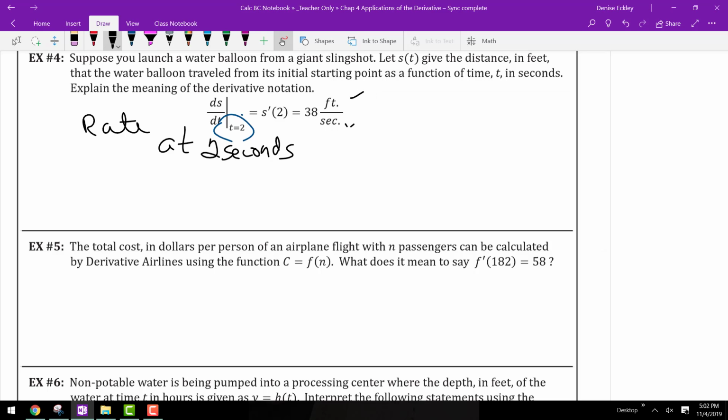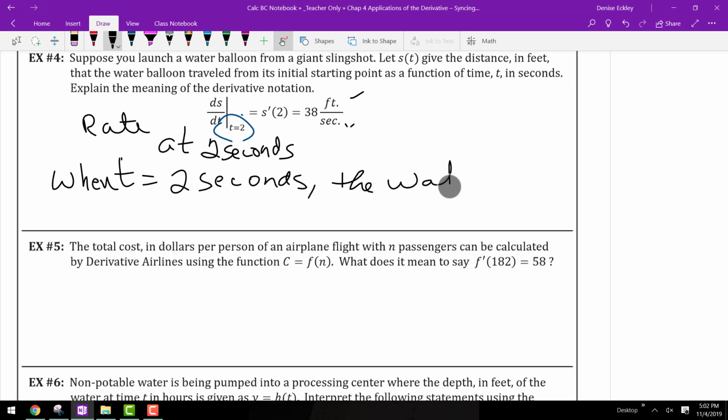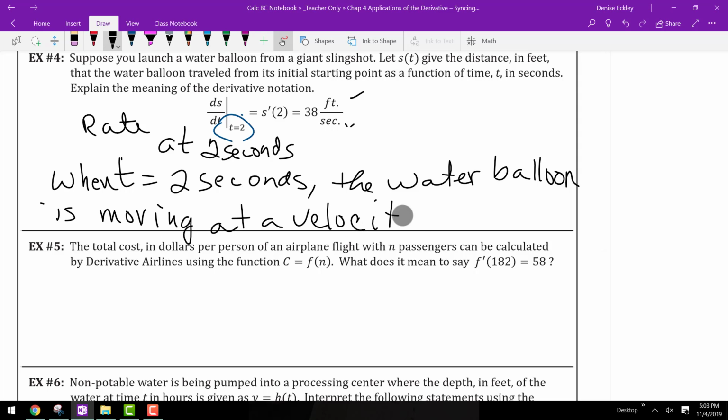So we would want to say when t equals 2 seconds, the water balloon is moving at a velocity of 38 feet per second.